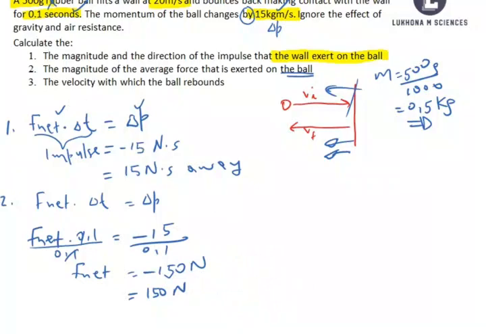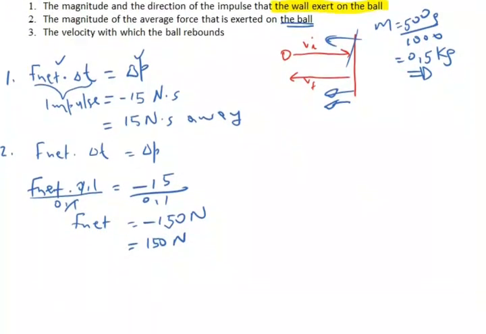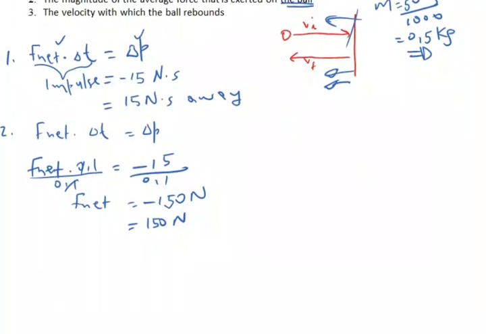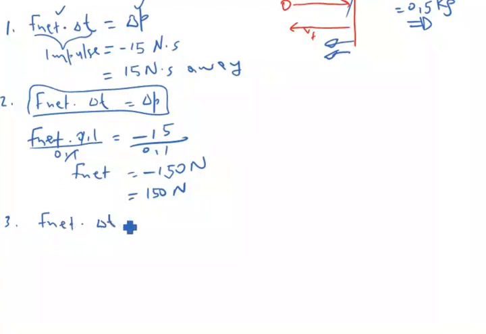Right? Then let's go to number 3. Number 3 says calculate the velocity with which the ball rebounds. Okay, rebounds. So we are looking for the final velocity now. So we have this formula: F net times delta t is equal to change in momentum.